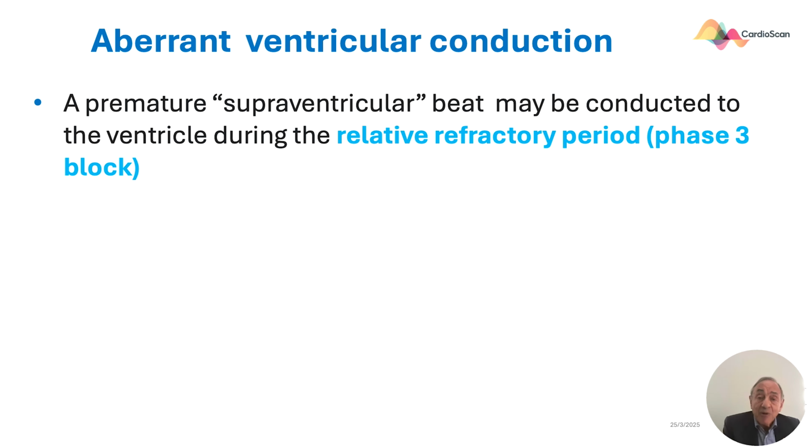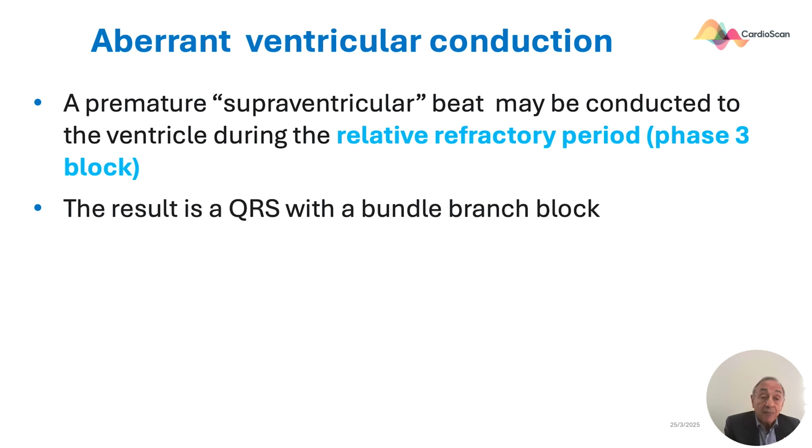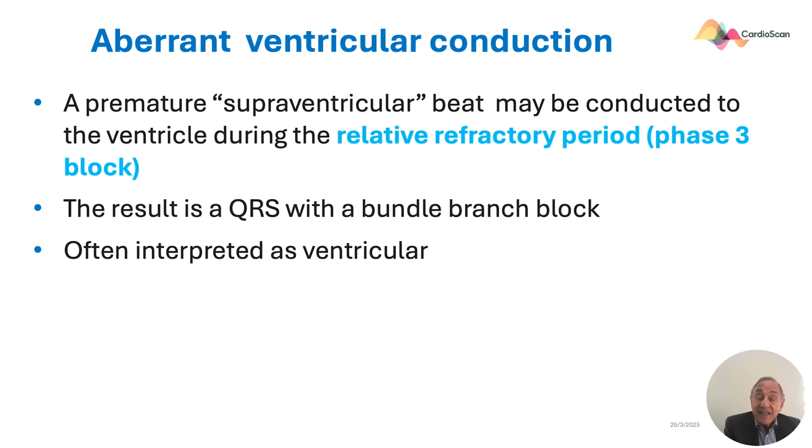Now, with aberrant ventricular conduction, such a premature supraventricular beat may be conducted to the ventricle during the relative refractory period or phase, and is a phase 3 block. The result is the QRS with a bundle branch block. It's often interpreted as ventricular.